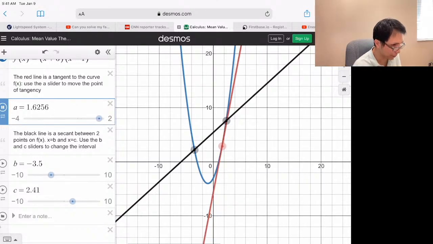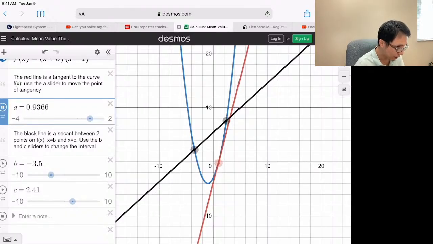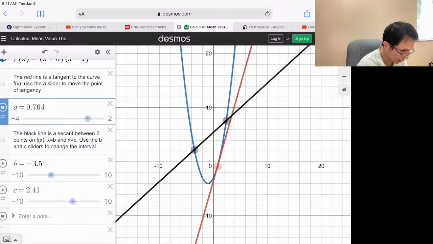Somewhere there the red line is going to be exactly equivalent to the black line, slope-wise, but you have to be very, very patient to see that. Let's see if we can somehow get there.